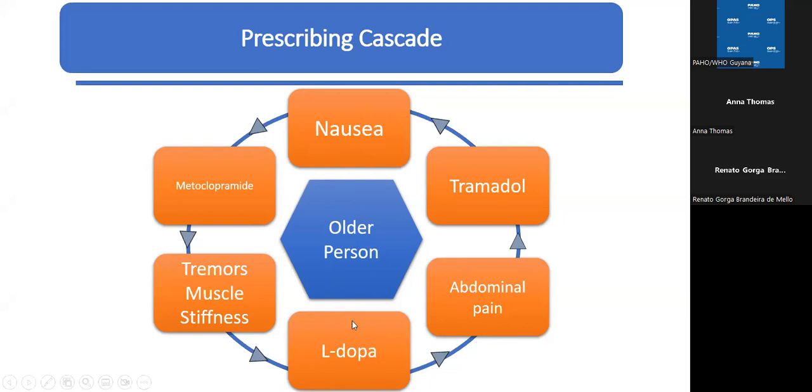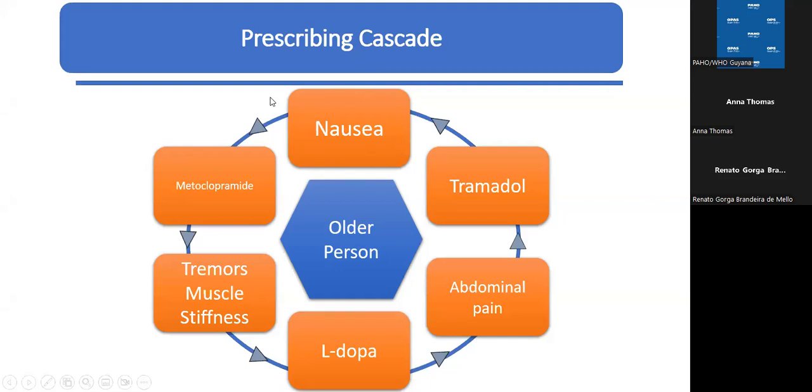This patient in particular presented with abdominal pain after taking levodopa. And for the abdominal pain, a doctor prescribed an opioid. And the opioid caused nausea.